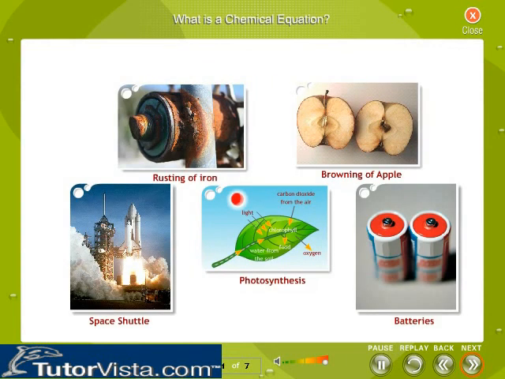Some important effects of oxidation reactions in everyday life include corrosion, fueling a space shuttle, cellular respiration and decay or aging of food.